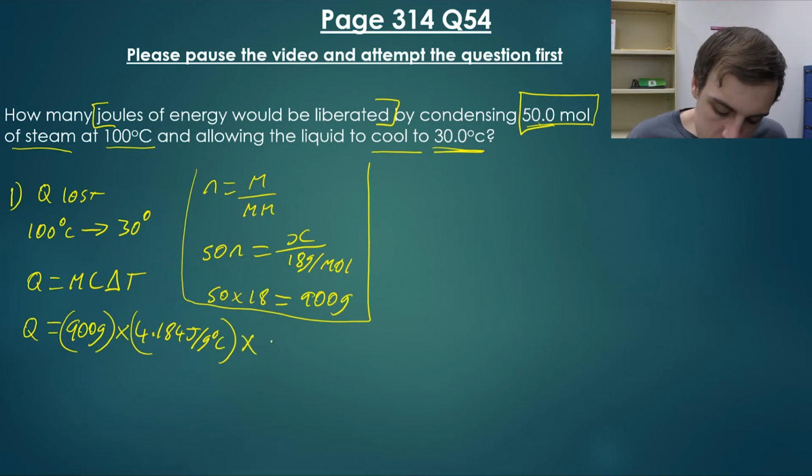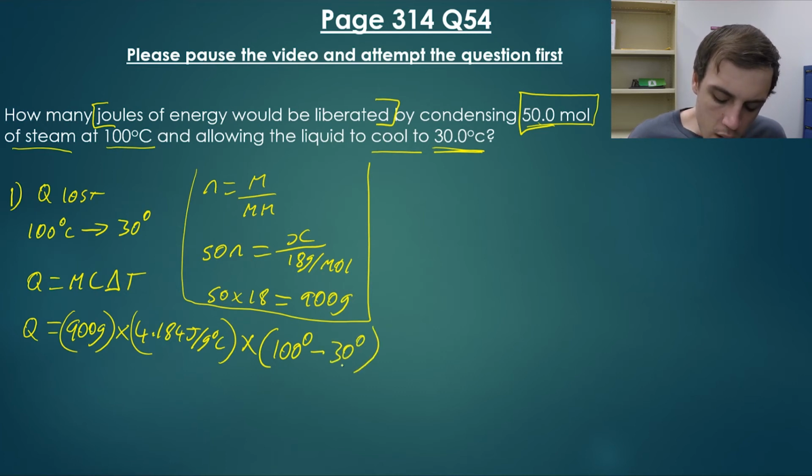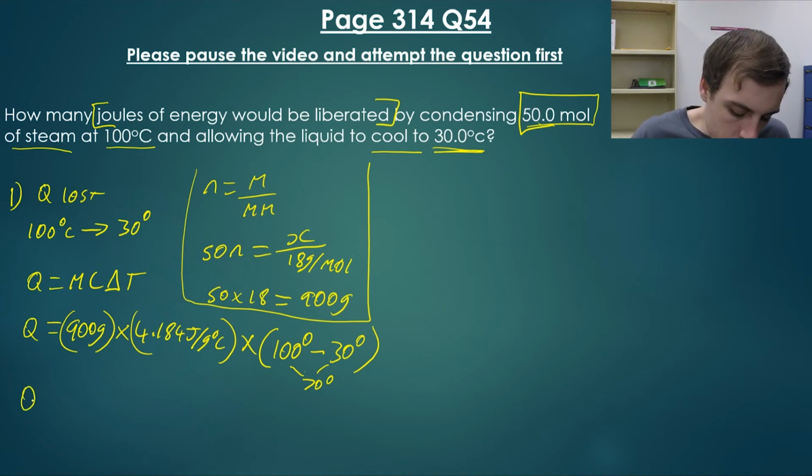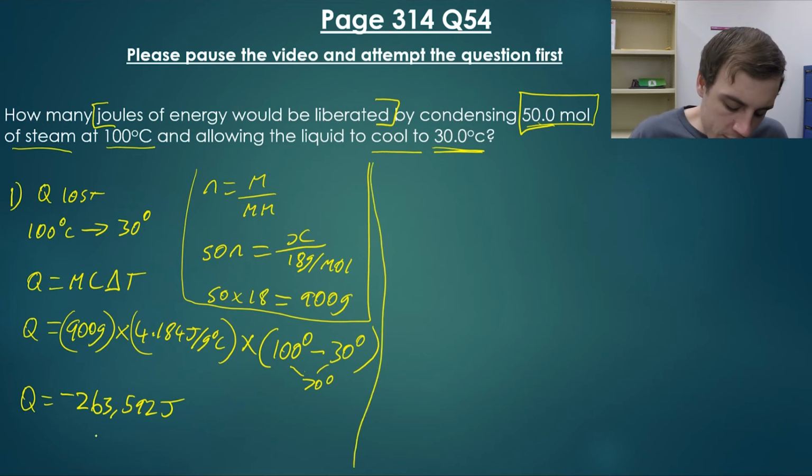So that is 100 degrees minus 30 degrees, which gives us 70 degrees. So there's a 70-degree jump. And we just simply multiply all of these together. And that will give us a total heat released of negative 263,592 joules.